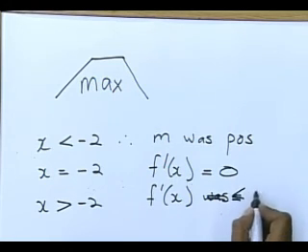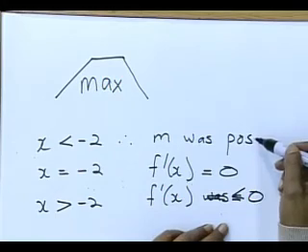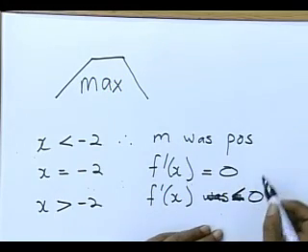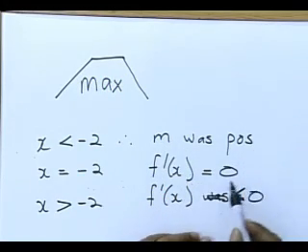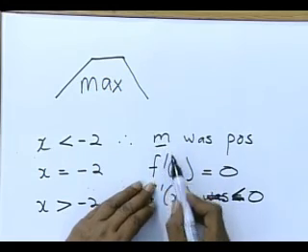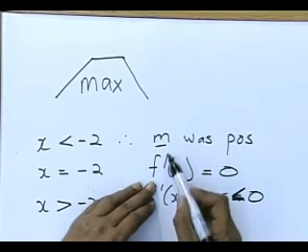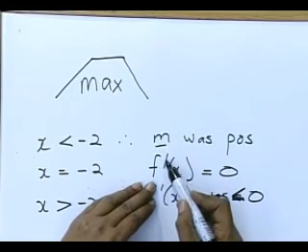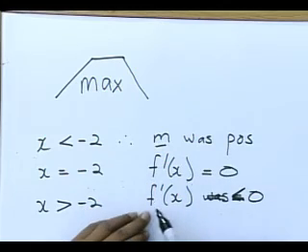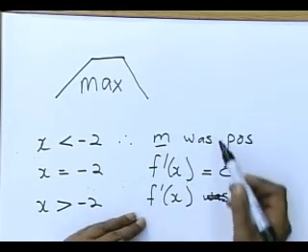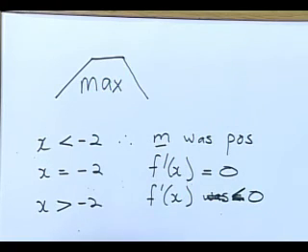It was less than 0. Please note, I'm writing it in different ways. I first wrote it in words. The gradient and derivative mean the same thing. f prime of x equals 0, f prime of x is less than 0. And if this is the situation, then this implies that it must be a maximum, a local maximum turning point.